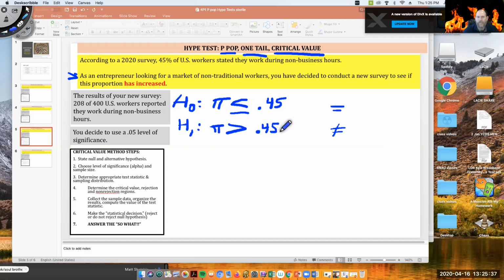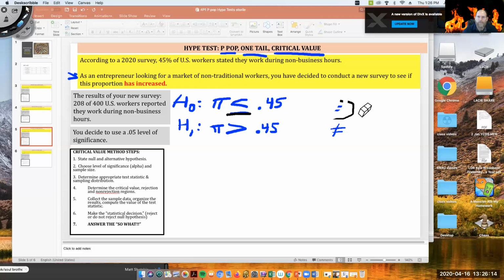Greater than 0.45, less than or equal to. And remember that equal sign will always show up in the null. Some sort of equal sign, whether it's this or this, will be in the null. This is one of the few times in life we can say never: the equal sign will never show up in the alternative hypothesis. Never, never, never.